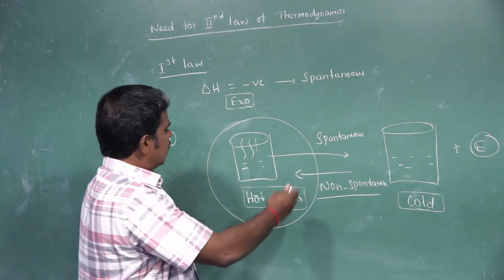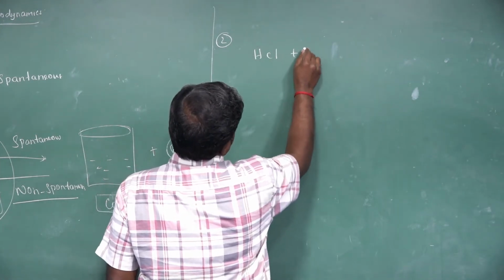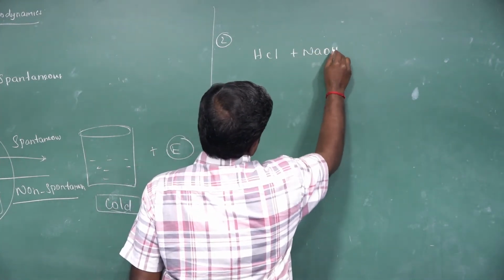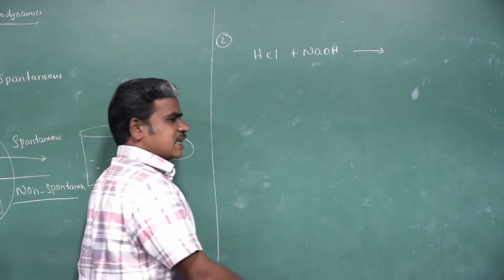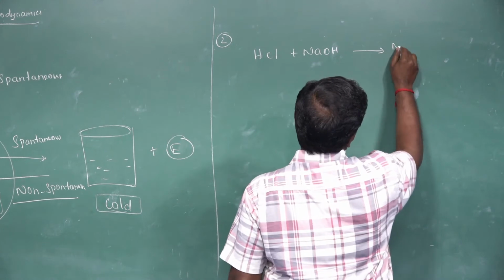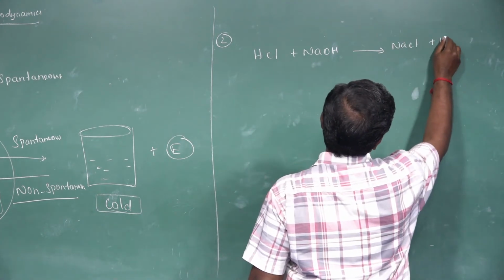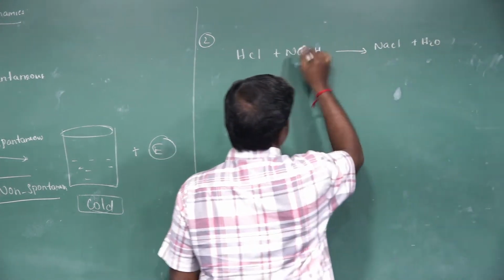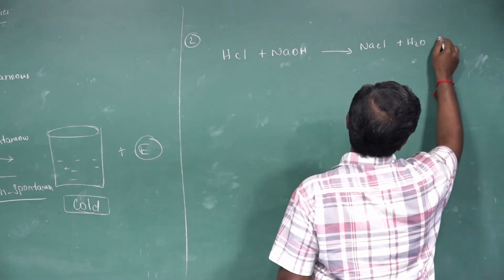Now we take hydrochloric acid reacted with sodium hydroxide. Then sodium chloride and water are formed. This reaction is exothermic.